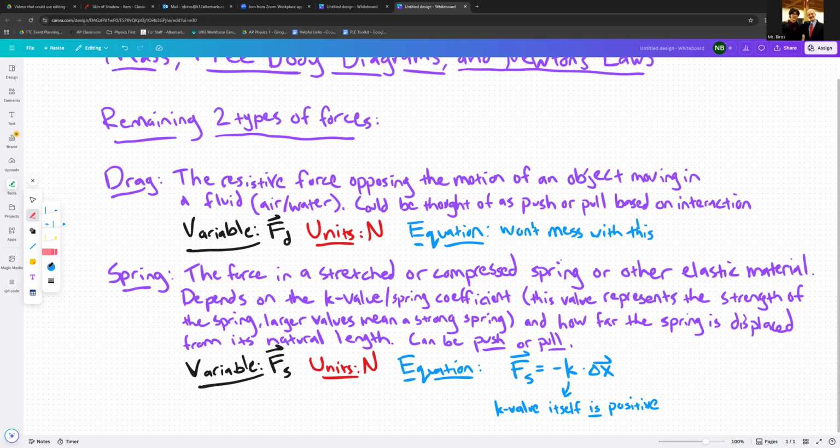The negative sign is just in the equation, right? It's negative K times delta X. The negative sign does not indicate that your K values are negative, right? They themselves are actually positive. Okay. And the units are newtons per meter. Okay, awesome.